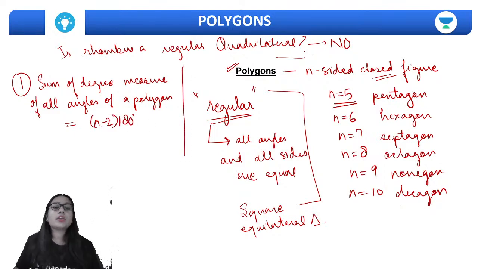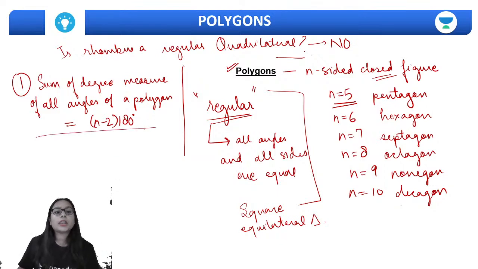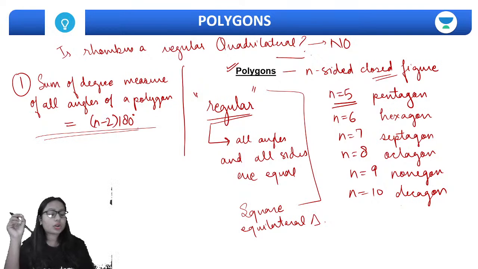You can verify this also. Take n as 3, you will get 180. Take n as 4, you will get 360. So this is the formula to calculate the sum of degree measure of all angles of a polygon.